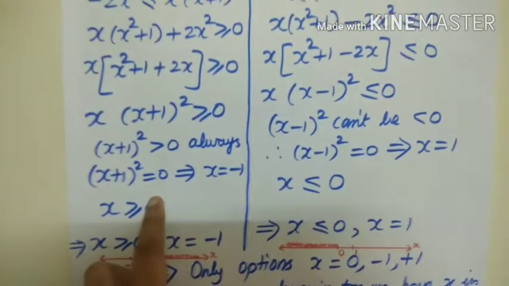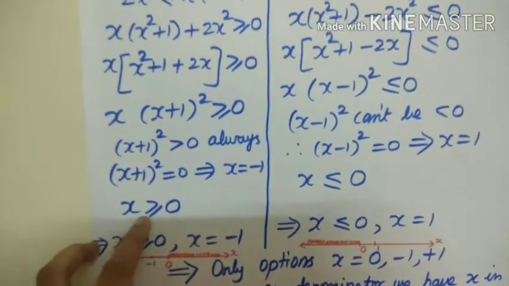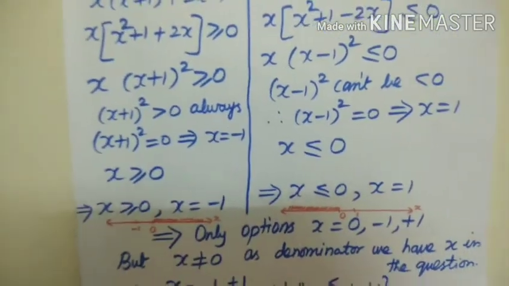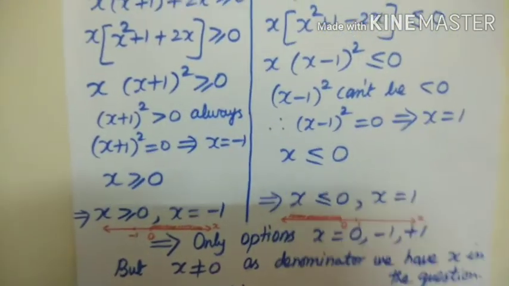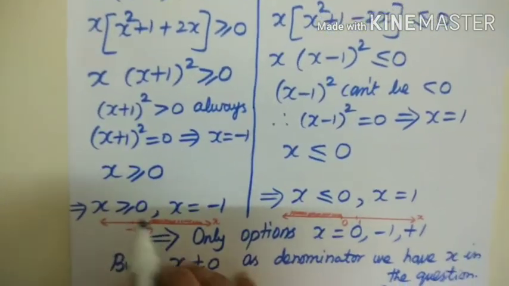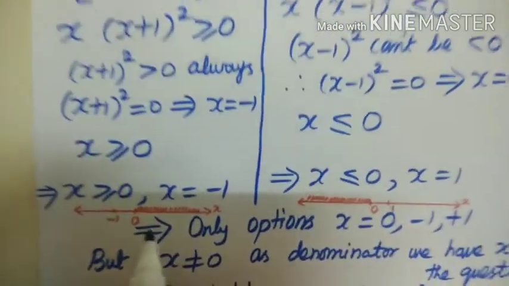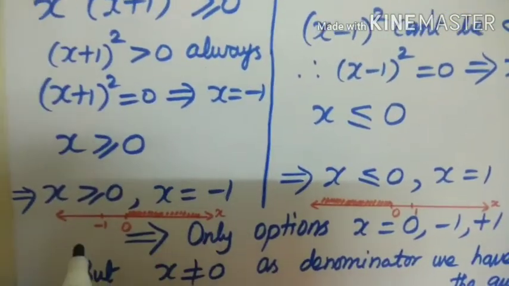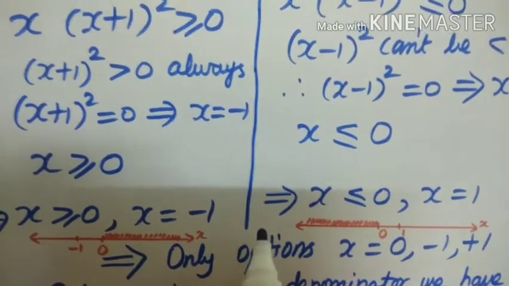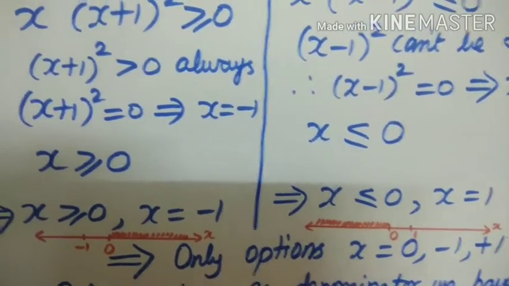This part gives me two answers: x greater than or equal to 0, or x is equal to minus 1. But in my question, I want the common intersected portion. See, this diagram tells x is positive, greater than 0, and minus 1 is another answer. This diagram tells me x is less than or equal to 0, and x is equal to 1 is the answer.